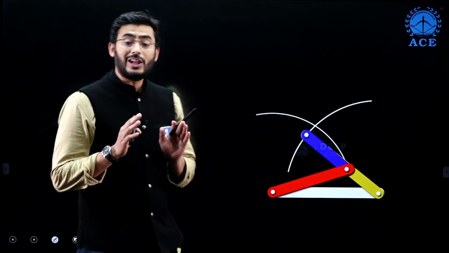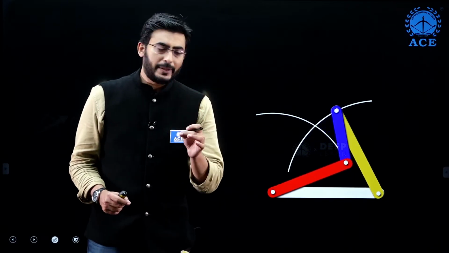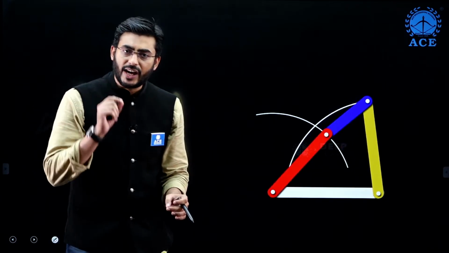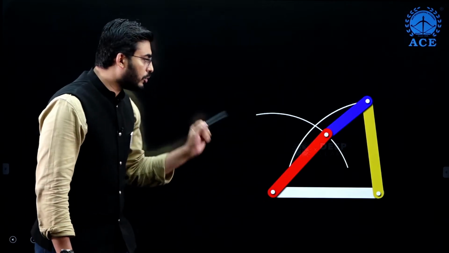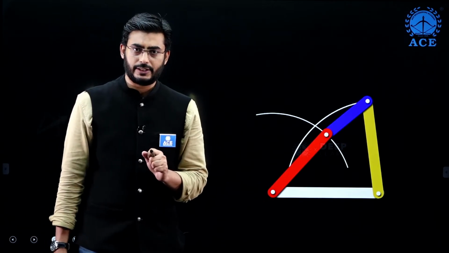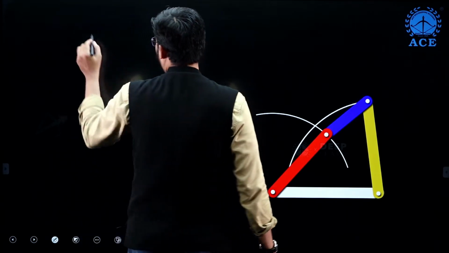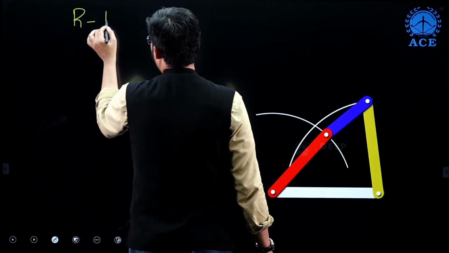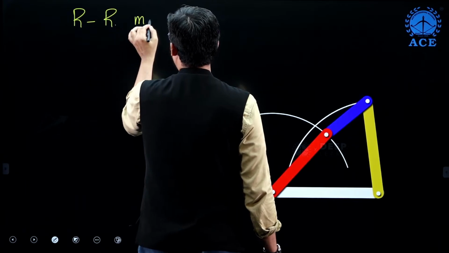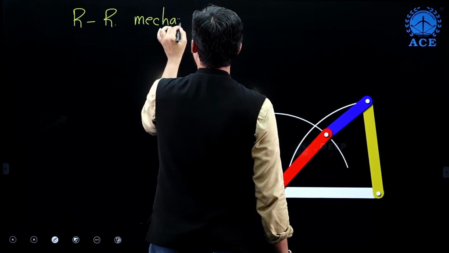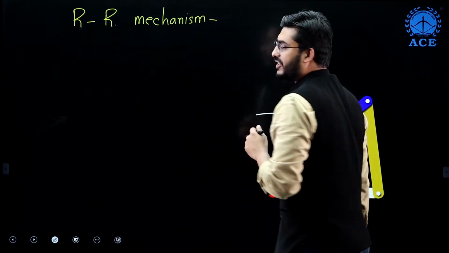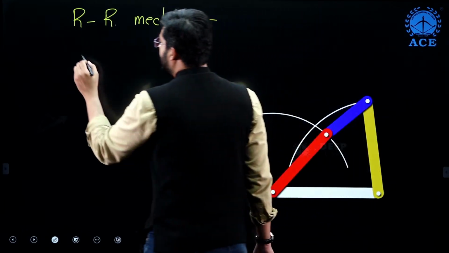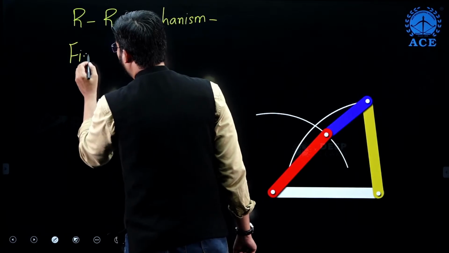In all these mechanisms, we should have at least one link completing circular motion in order to transmit relative motion. So this arrangement is called the rocker mechanism. And what are we fixing here? The fixed link is the link opposite to L minimum.